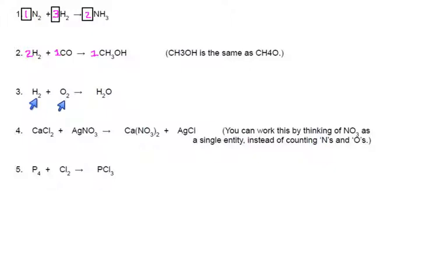This is hydrogen burning in oxygen to produce water. What do we need here? The hydrogen's actually good. We have 2 hydrogen and 2 hydrogen, but we started with 2 oxygens, and this is only showing a single one. So what happens here is, because we have 2 oxygens here, we have to double the right-hand side. What's good about that?